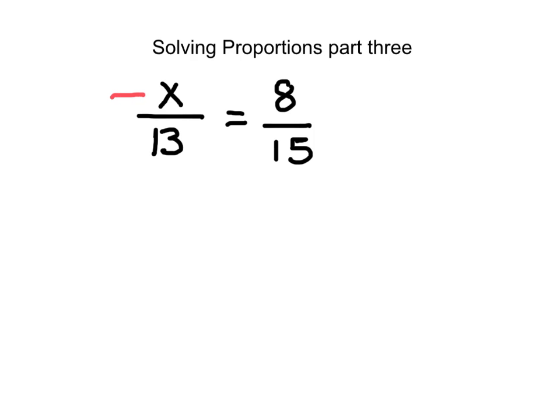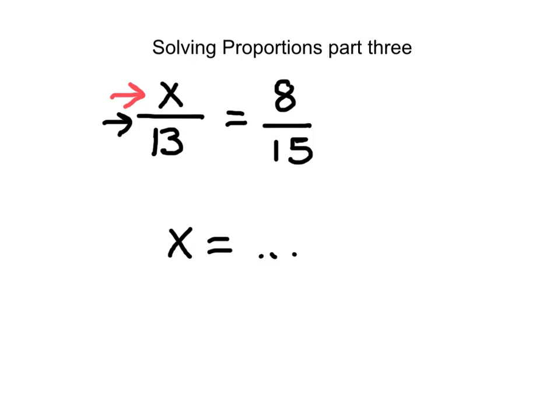and I have my variable in the numerator, then to get the variable by itself, to get the value of x, which is what I'm looking for, all I really need to do is get rid of the 13. Now, this fraction bar means divide.